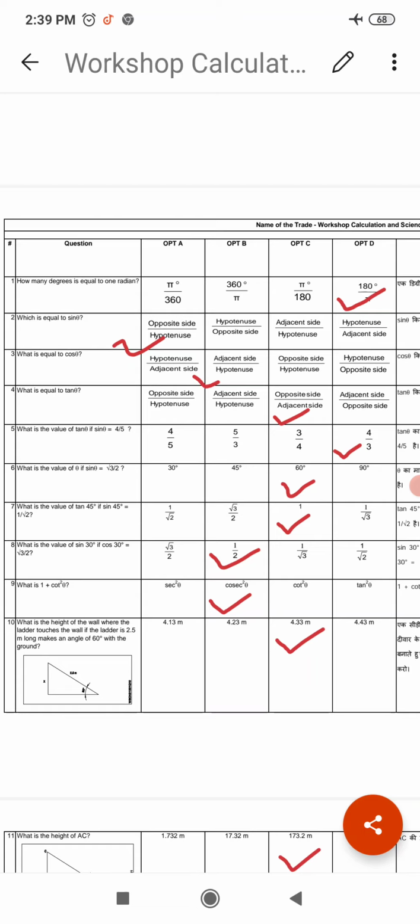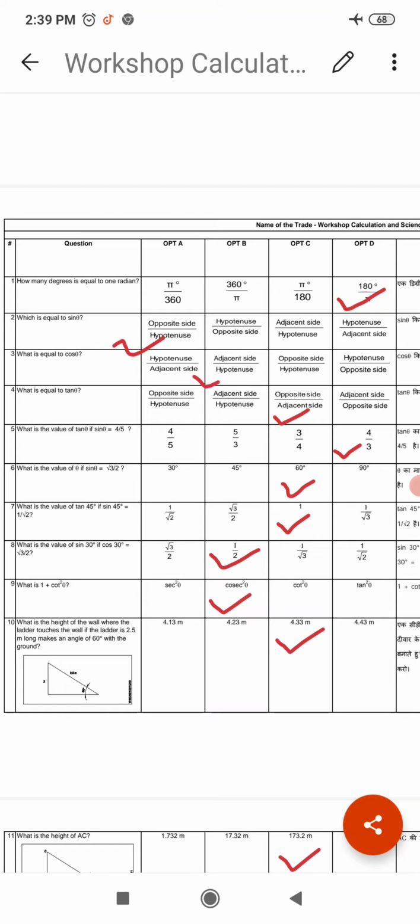What is the value of sin 45? 1 upon square root 2. What is the value of sin theta if cos 30 is root 3 by 2? 1 by 2. Option B.